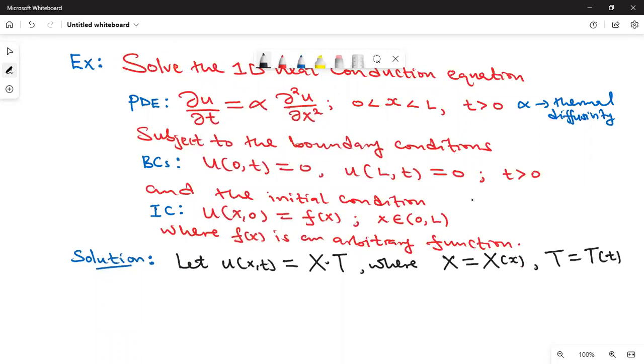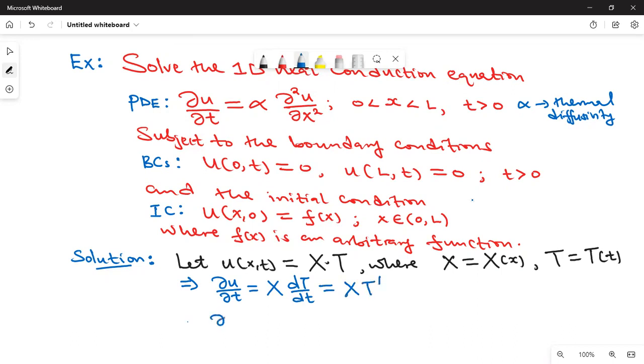So if this is our solution, then we can also find the corresponding partial derivatives. This implies that partial u with respect to t, you keep x constant and differentiate T with respect to t, and so this can be written as X T prime.